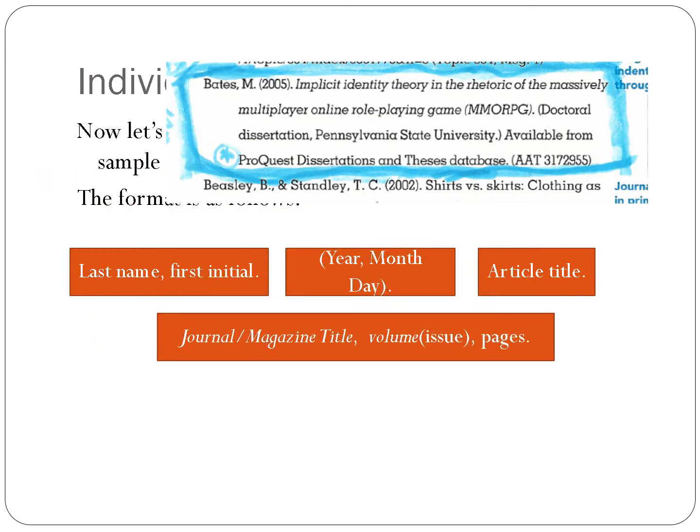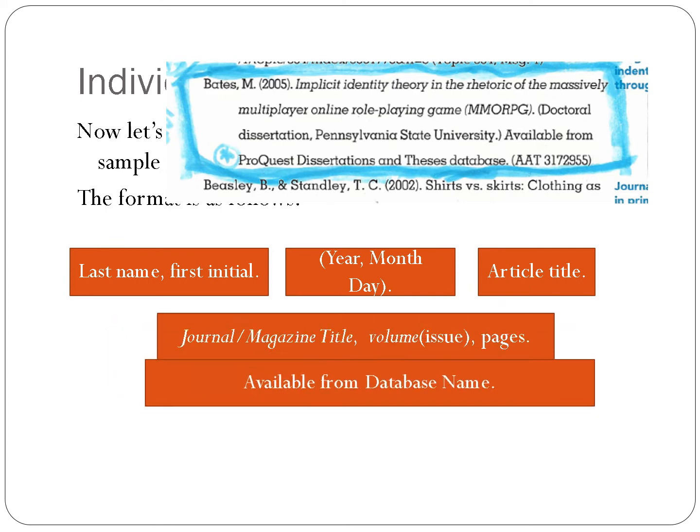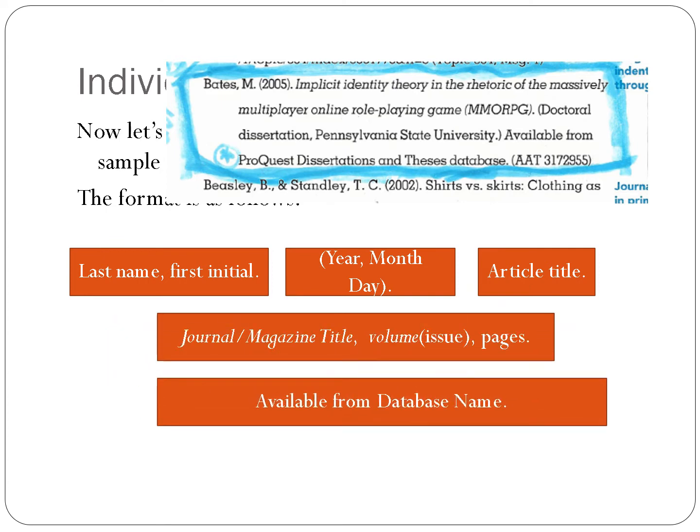And we will have, again, the name of the journal, the magazine, or the newspaper from which you've taken it, and if there are volume and issues, etc. This time, however, the last line will say available from, and you'll have to know which database you're in so that you can list the database there. It's as simple as that.